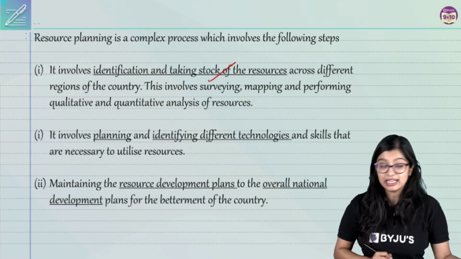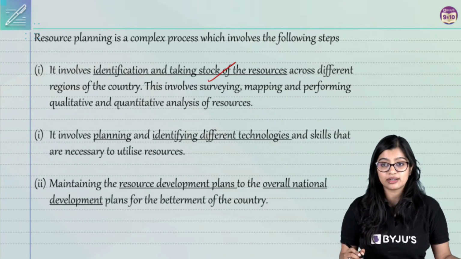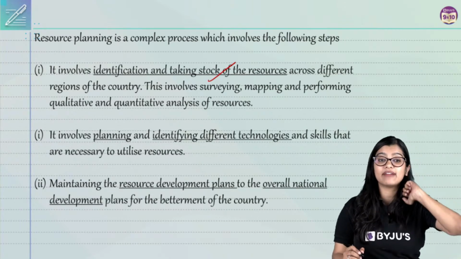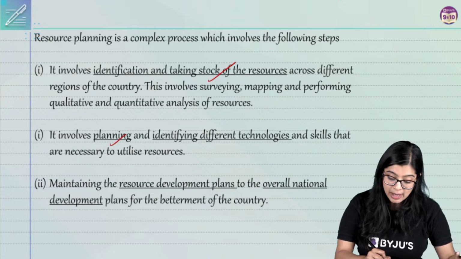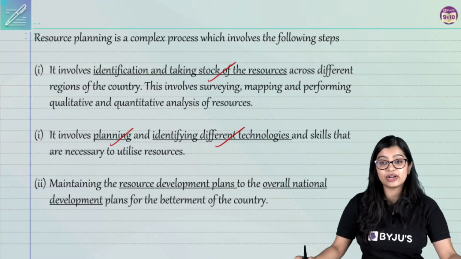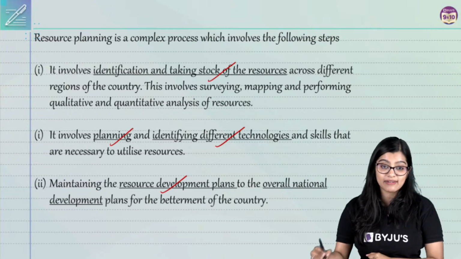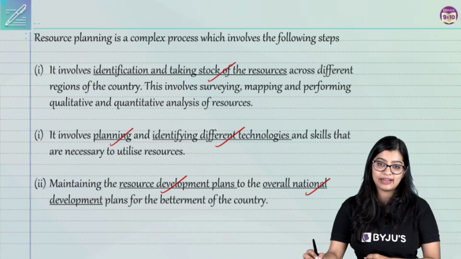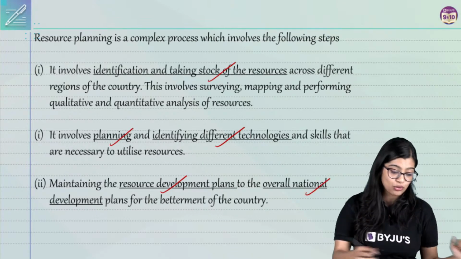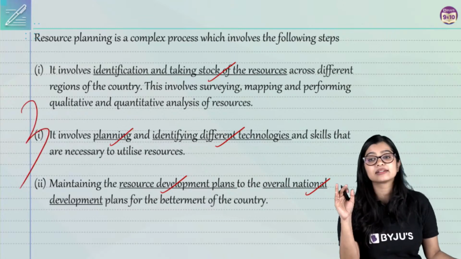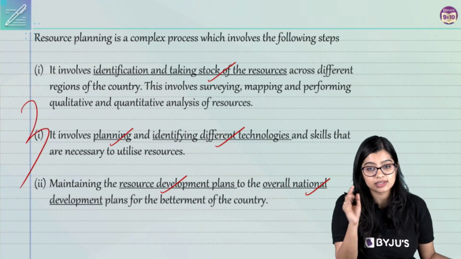Keywords are identification and taking stock, or doing a quantitative and qualitative analysis. Planning and identifying the different technologies. Those are your keywords. Matching your resource development with the overall national development. Very good, all of you. 3 marks if you write these 3 points, right?